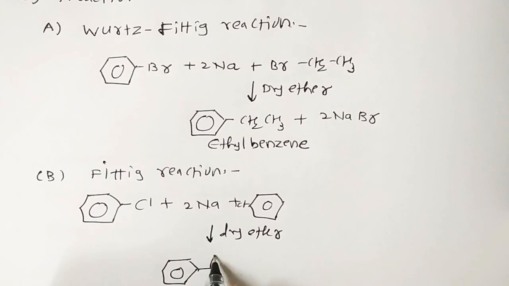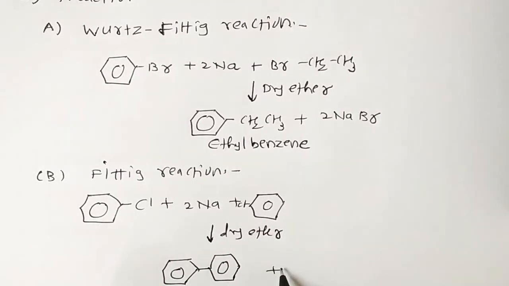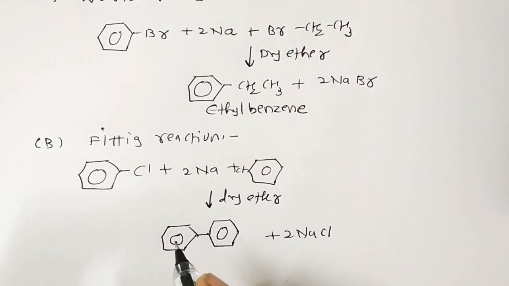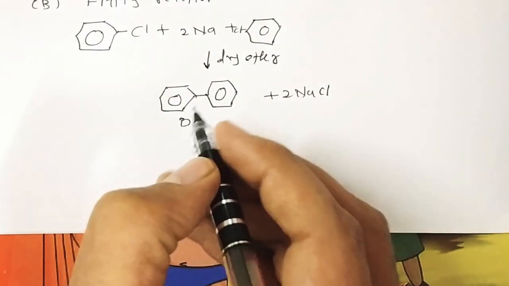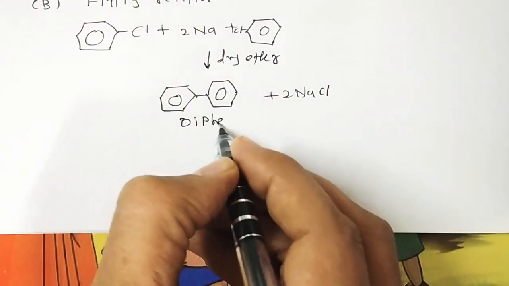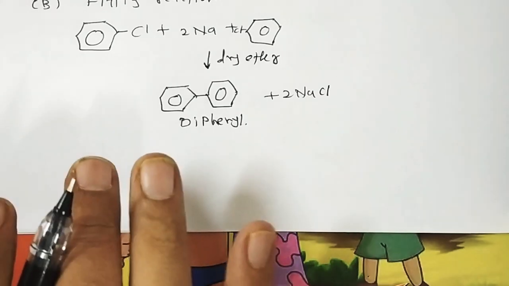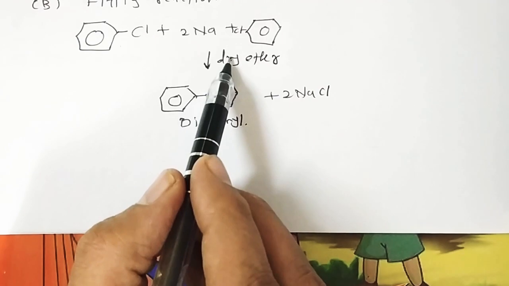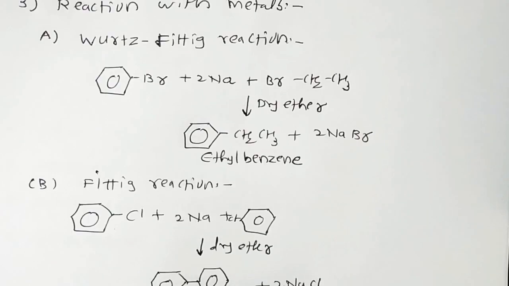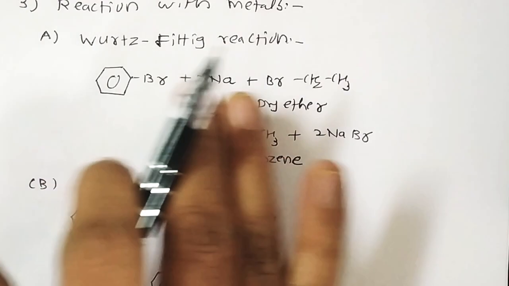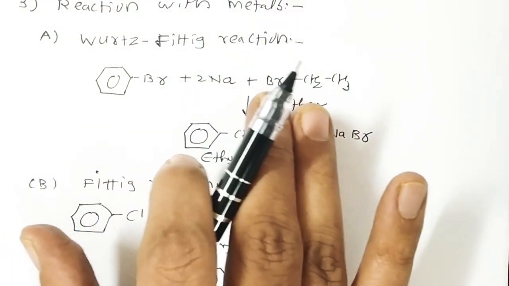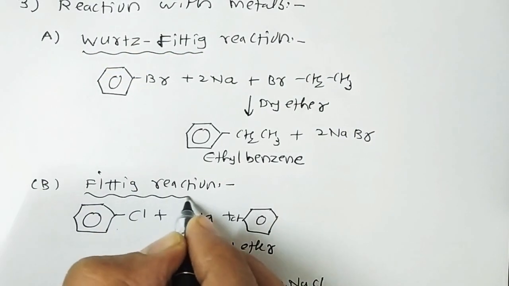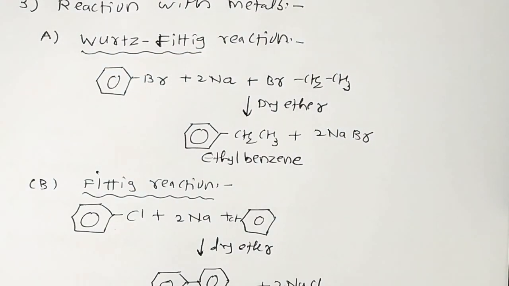It's diphenyl plus 2 NaCl. So this is called diphenyl. Right? When only haloarenes are treated with sodium, this reaction is called the Fittig reaction. But when treated with a haloarene as well as a haloalkane or alkyl halide, we get the product called the Wurtz-Fittig reaction. So in our textbook, they discuss these two reactions, the Wurtz-Fittig reaction and the Fittig reaction.